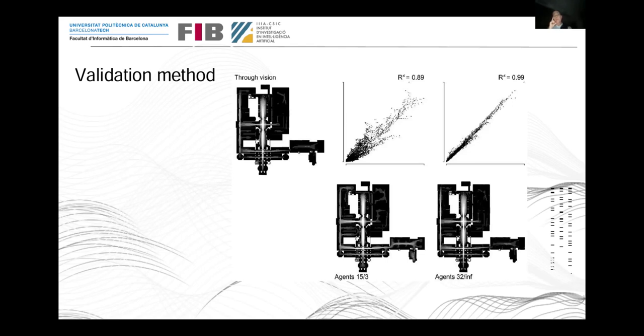That was a very interesting approach for us, because if we were able to develop with our framework a similar through vision diagram, and a similar diagram of our agents with 170 degrees of field of vision, with a similar mathematical correlation result, then it was a good sign that our platform was getting at minimum the same correlation that was obtained by Turner when he developed this mathematical demonstration.